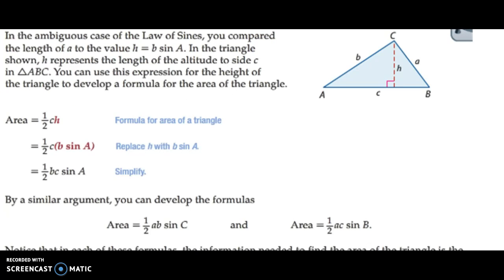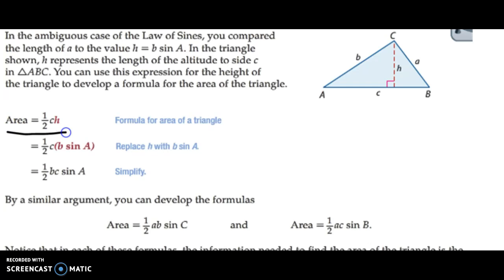All right, so there are different cases where this might help us out a little bit. Remember that when you're looking for the area of a triangle, it's always 1/2 times base times height.